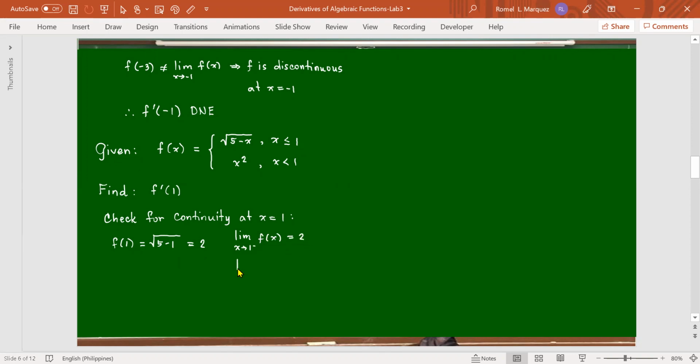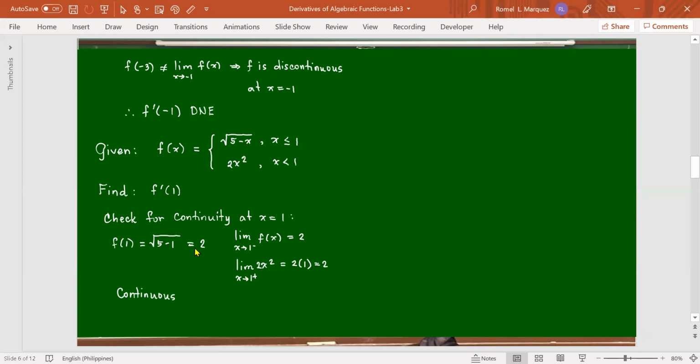Limit as x approaches 1 from the right: times 2, because I want it to be continuous this time. So 2 times 1 is also equal to 2. So it's continuous, am I correct, guys?